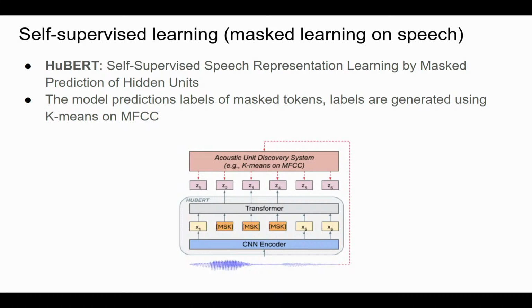The input isn't text. It's some features computed from the audio. And again, these are not text token labels, but discretized features through some clustering algorithm. You have to do this.